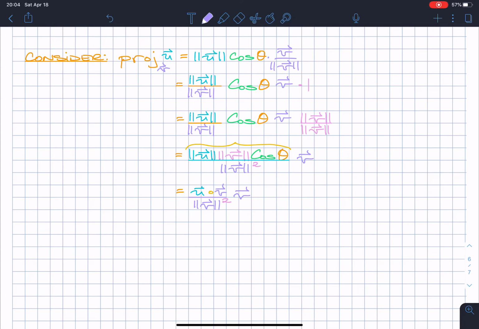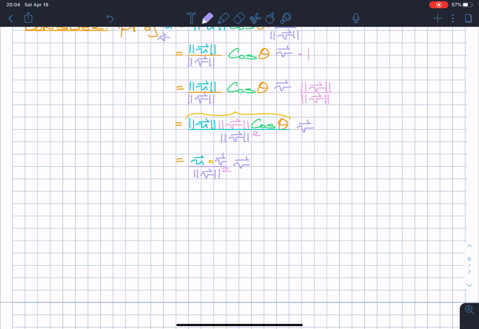Okay, so that is, i.e., we have a new way to evaluate the projection of vector u onto vector v, and that is u dot v divided by, really, v dot v, because that's what the magnitude squared is, all times vector v.